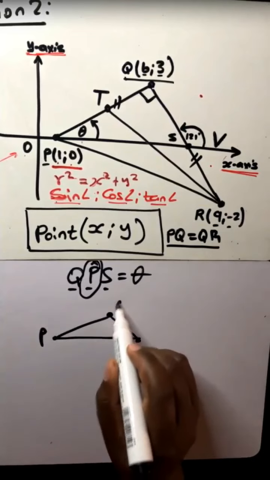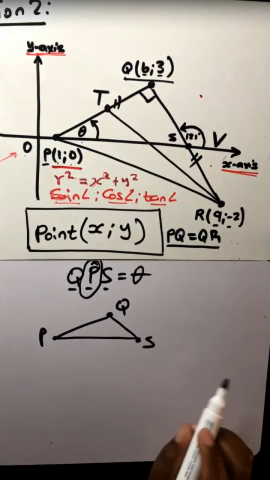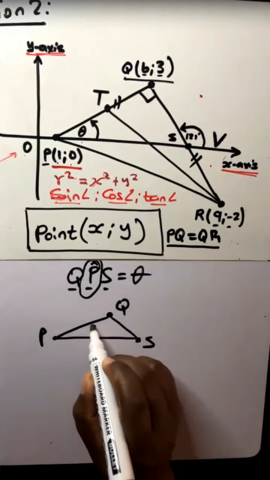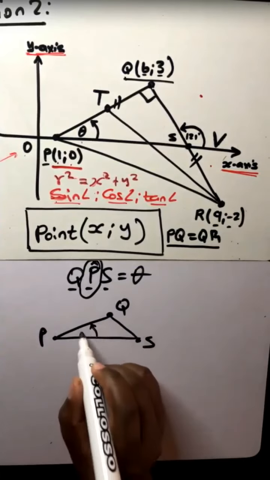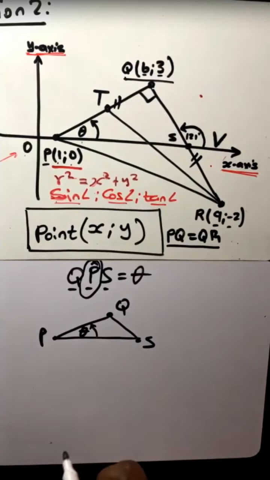There is P, there is Q, there is S. But now the angle that they are talking about is that angle at point P. Guys, I've tried to read the given statement in relation to that drawing, just so that you are able to see how the examiner drew that diagram.